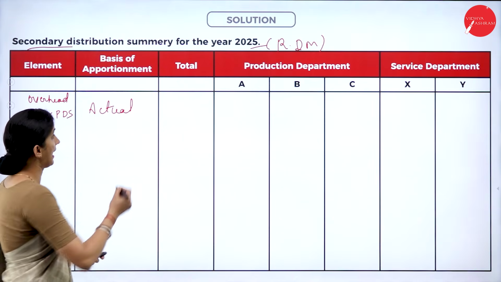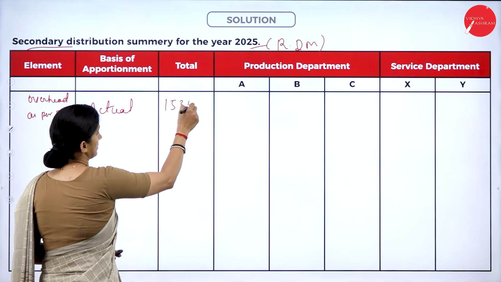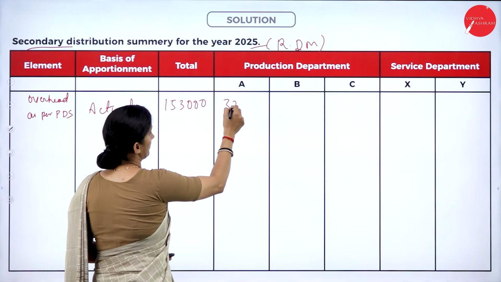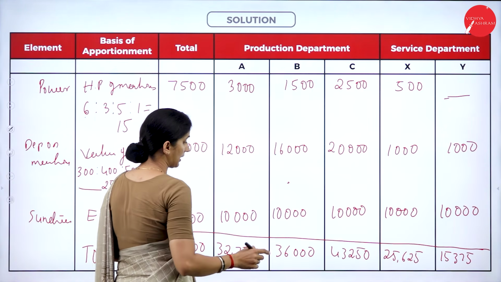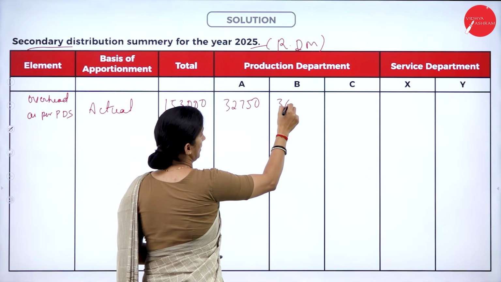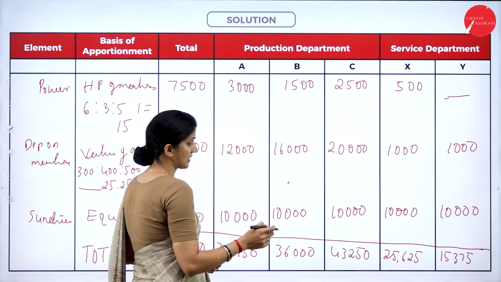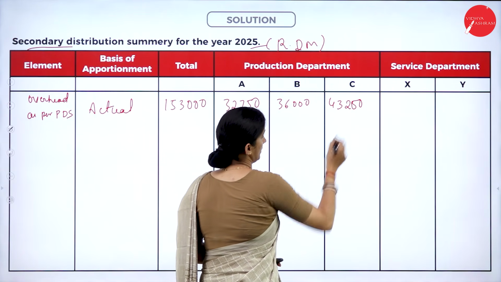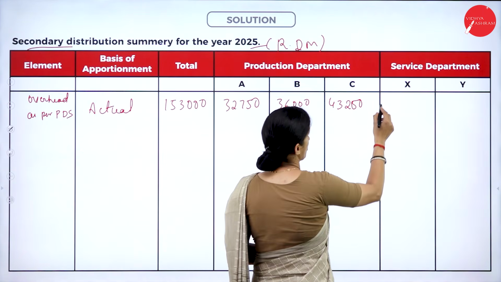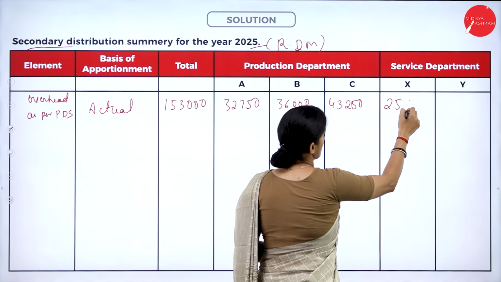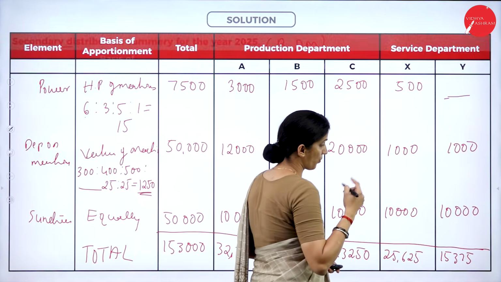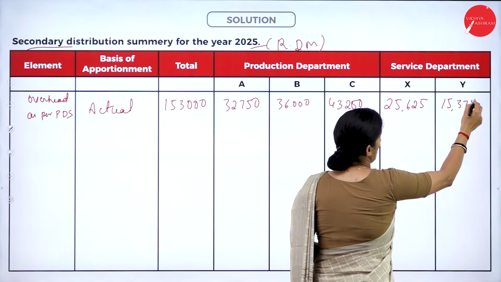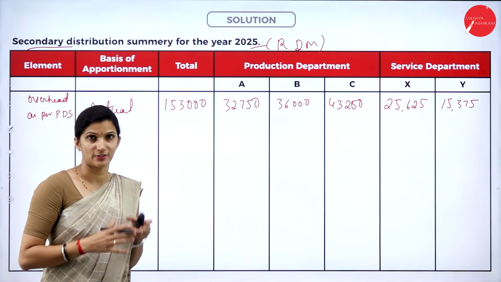Here the total we have is 1,53,000. Then A is 32,750, B is 36,000, C is 43,250, X is 25,625, and Y is 15,375. So that total we take first as it is.